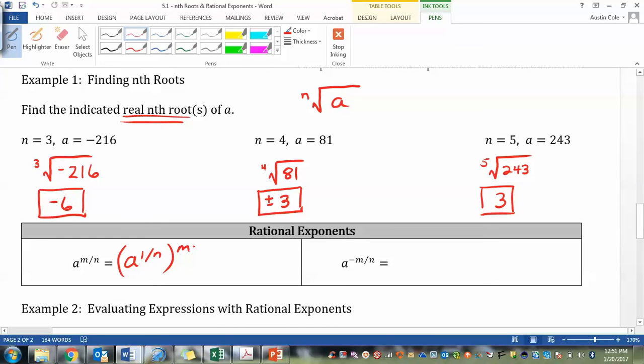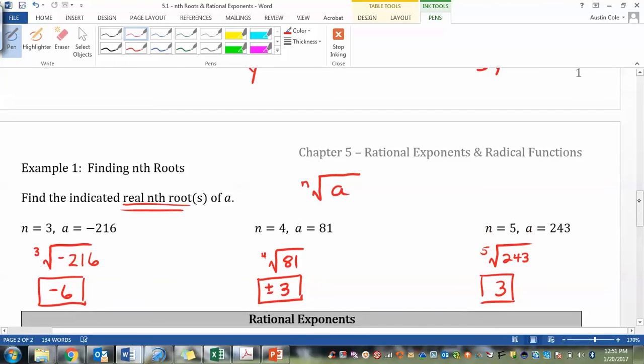What did I do there? I took m over n and I broke it up into 1 over n times m. I just broke it up, because 1 over n times m is m over n.